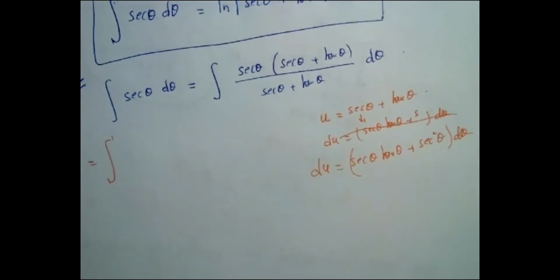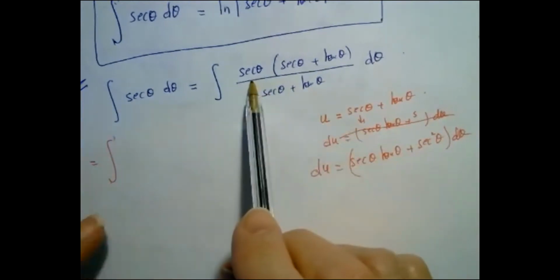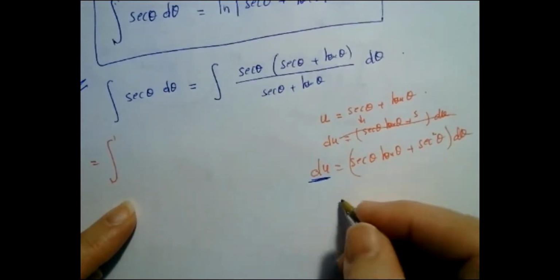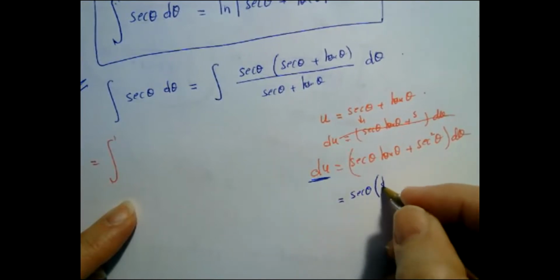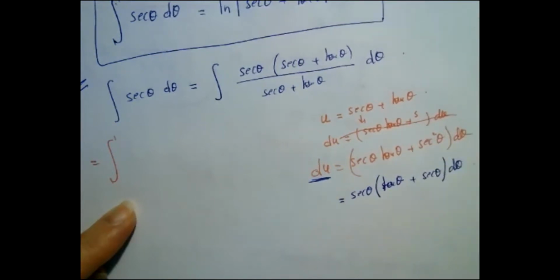Anybody can see. We have that in our numerator. Our numerator has the derivative. Right, if you look at the numerator here, the numerator is actually the du itself. Let's see why. Because here, if I factor out the secant, I will be left with tangent plus secant d theta.